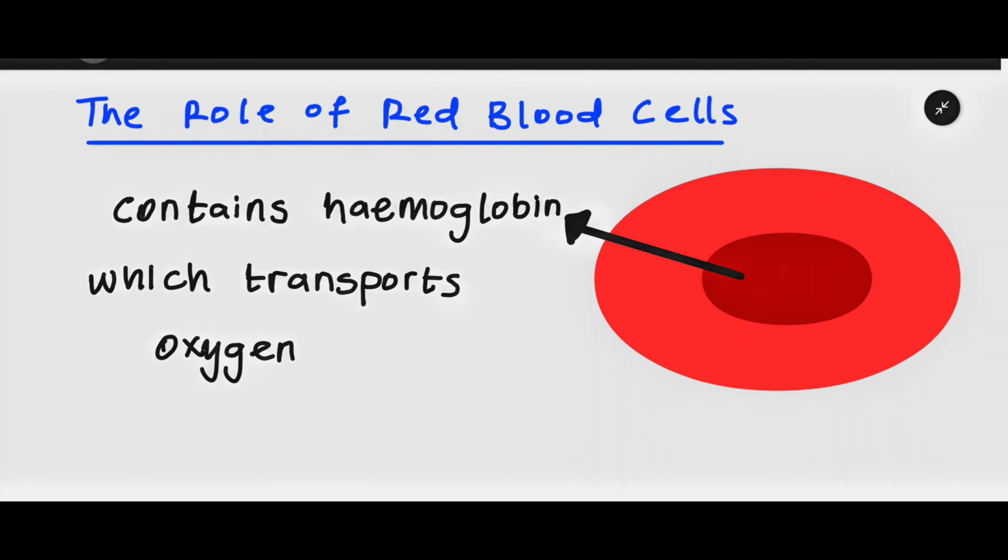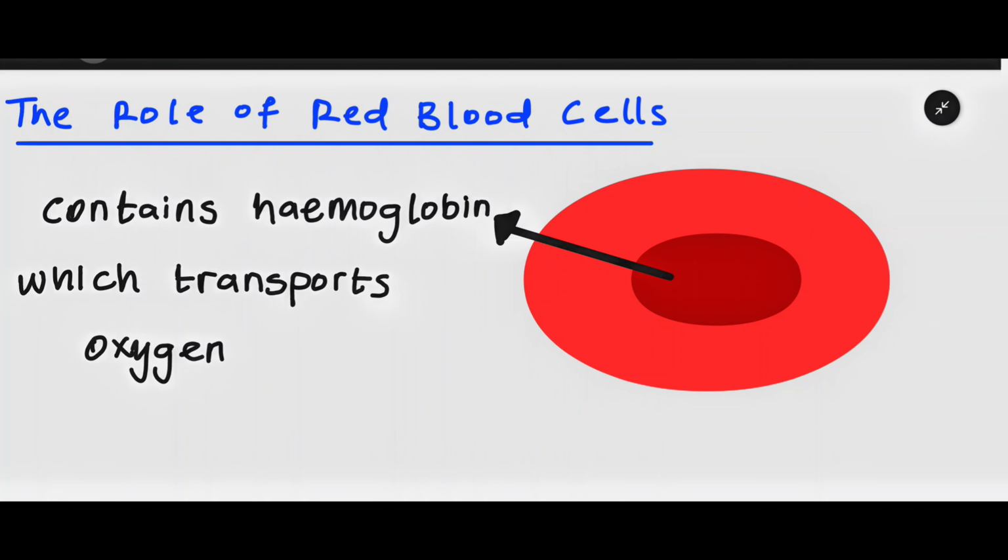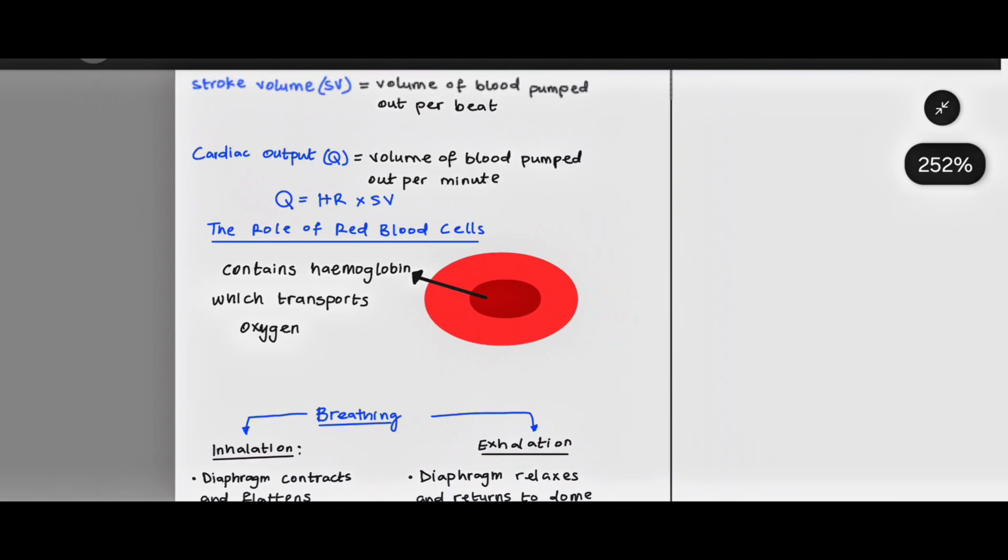Hemoglobin binds to oxygen and carries the oxygen to the muscles, and hemoglobin can also help bring back carbon dioxide from the body and take it to the lungs to be breathed out, because carbon dioxide is a waste gas.